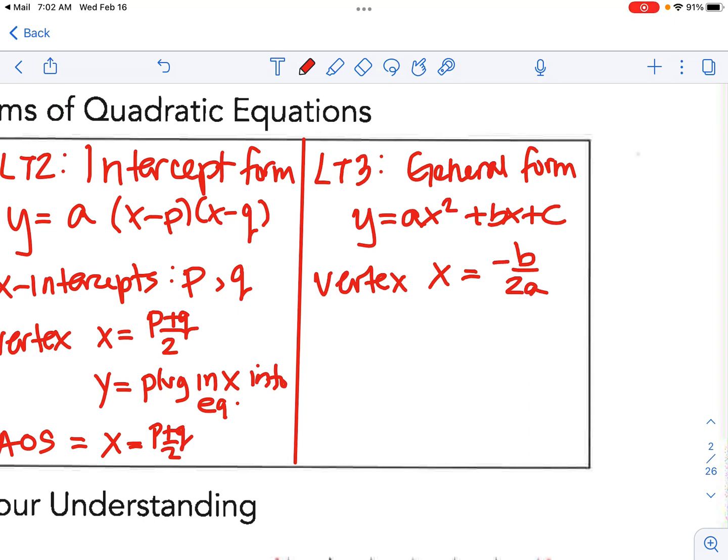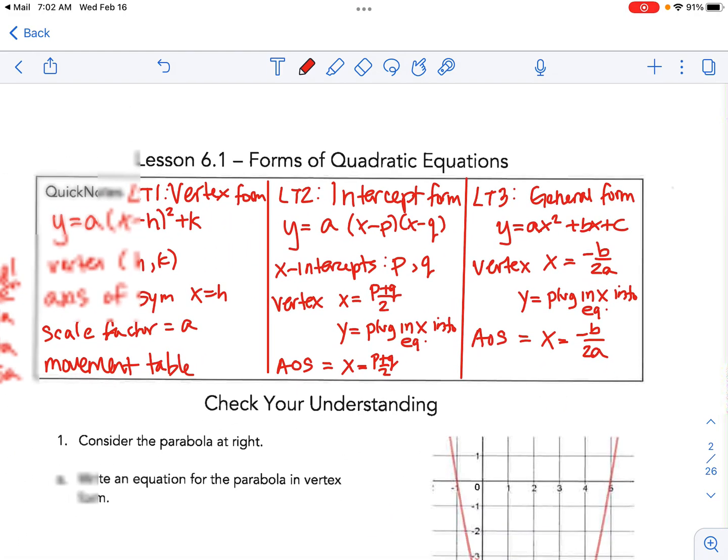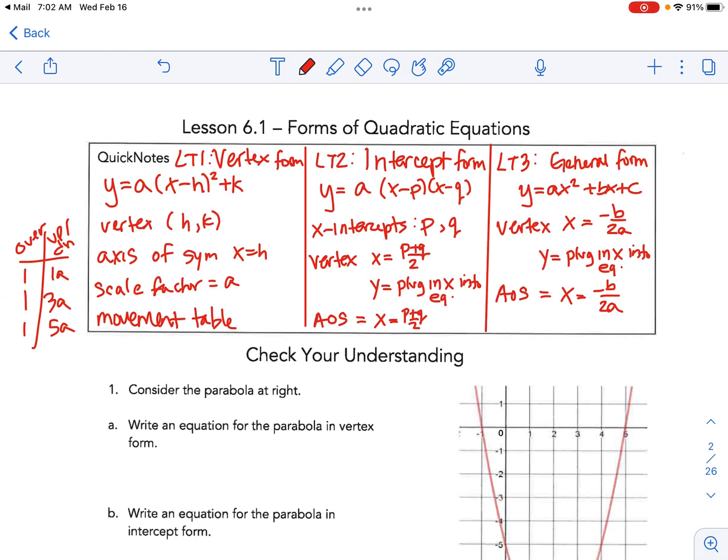And like learning target 2, we get y by plugging into the equation above. And our axis of symmetry is x equals the opposite of b over 2a. So going over those three forms, it just depends upon what form you're given as far as graphing the quadratic.